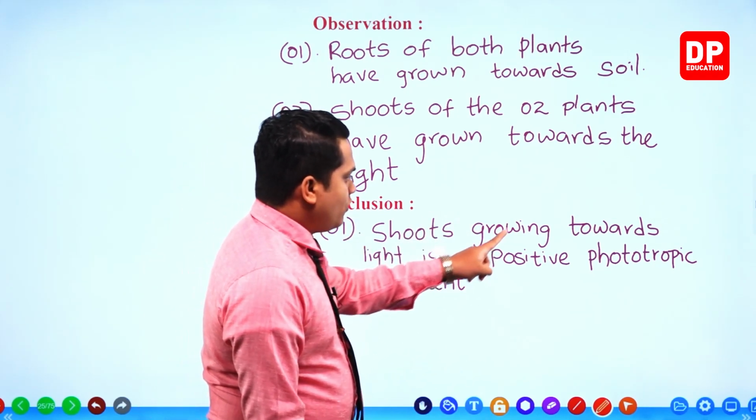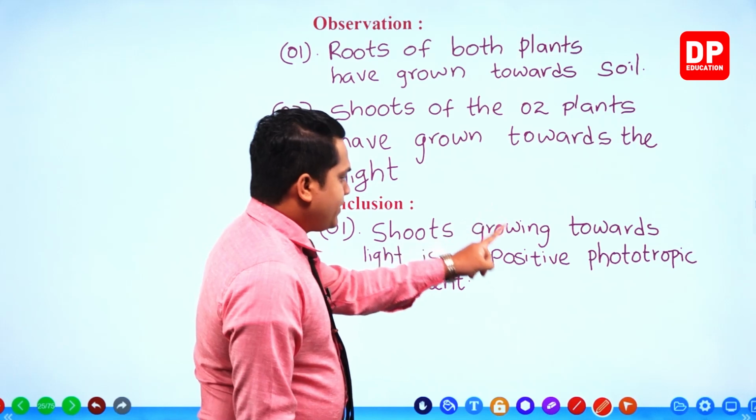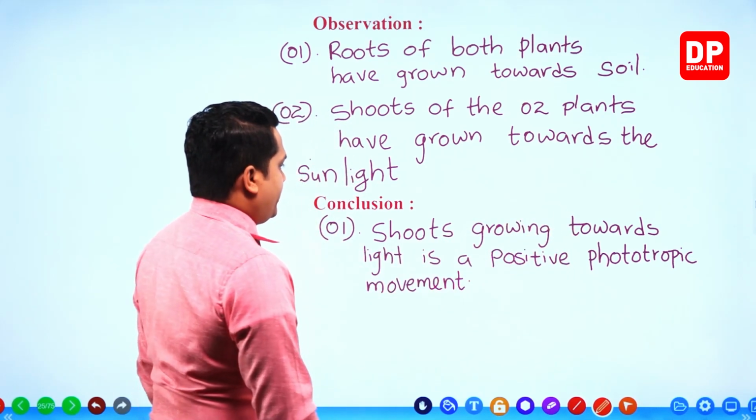So, shoots growing towards light is a positive phototrophic movement.